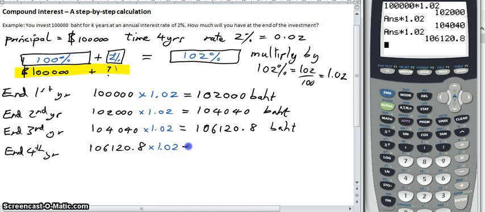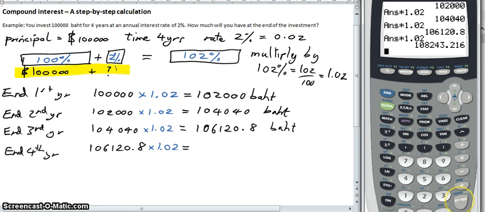I'm going to go over to my calculator and multiply the answer by 1.02, which is 108,243.216.